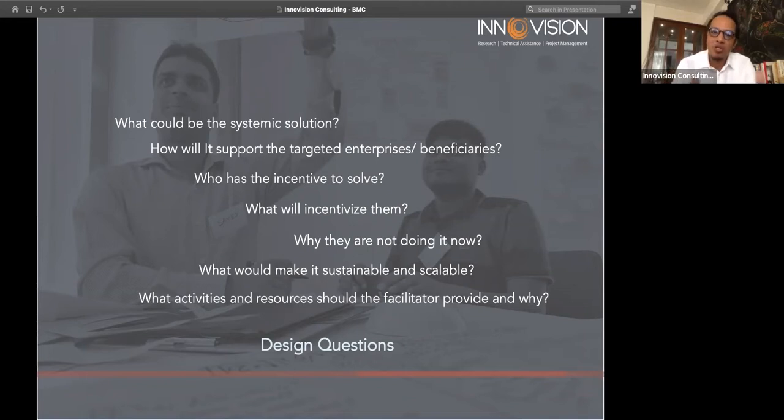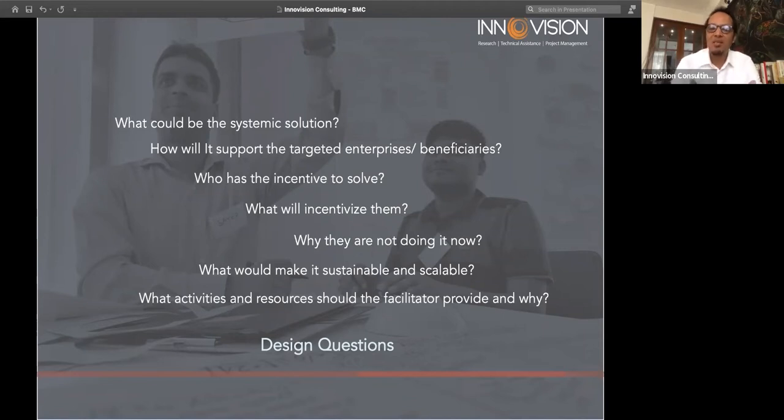promote. But also while selecting the partner and undertaking our exercise, we ask this question: why is the system not addressing the problem right now? So that takes us back to the systemic constraint definition again, and more often than not at this stage, we have a better view of the systemic constraint, but generally, before making a decision on the intervention itself, we are asking essentially why the system is not addressing that problem right now.